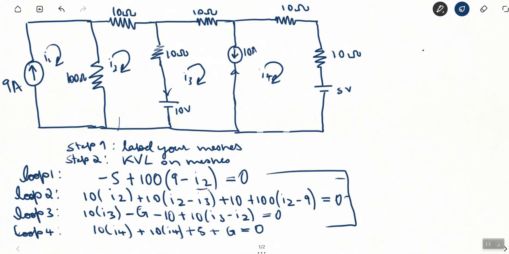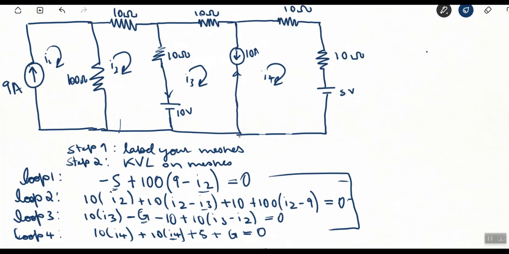We have I2, we have I3, we have G, we have I4, and we have S. So if we count the number of unknowns, we actually have 5 unknowns. And we only have 4 equations. This means that we won't actually be able to solve for all the variables. This means that we need also another equation.